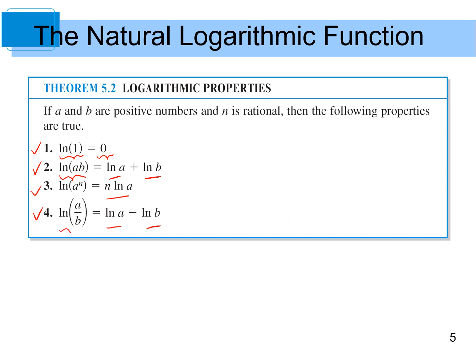Or if you have a quotient, ln of a over b, you may write this in its equivalent form, ln of a minus ln of b, or the power, ln of a raised to n, you may write in its equivalent form, n times ln of a. So these properties are helpful later when we solve for the derivative of this kind of functions, especially those that involve products, powers, and quotients, and even a combination of these types of functions.